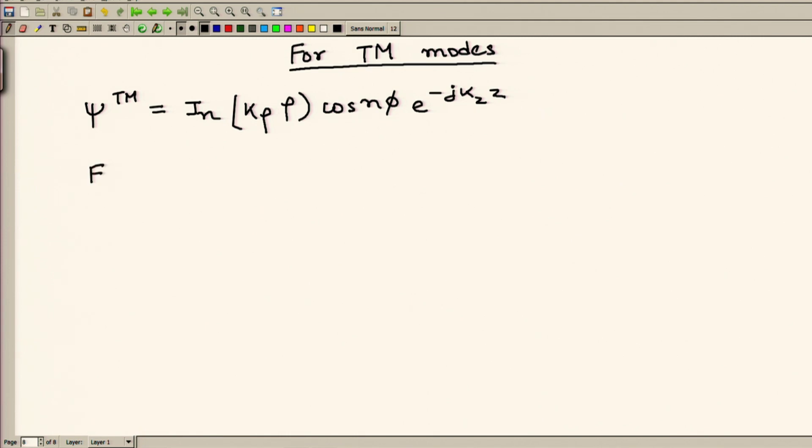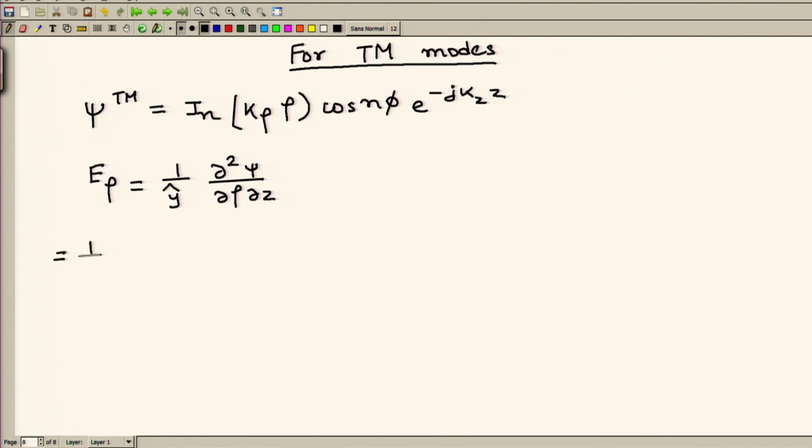Therefore, from the fields that we had previously, we found out that E rho is given by 1 upon y cap del square psi upon del rho del z.